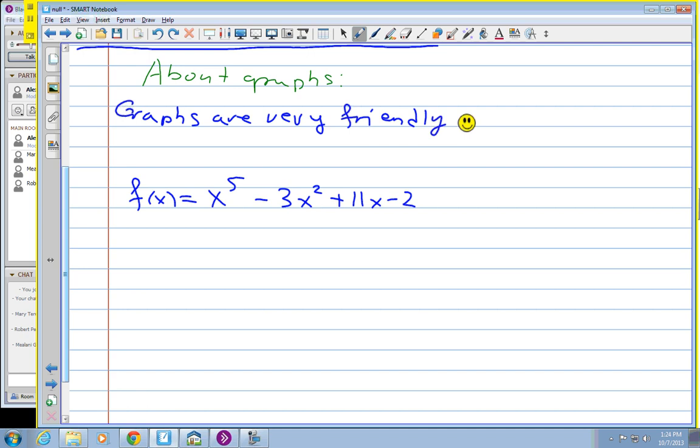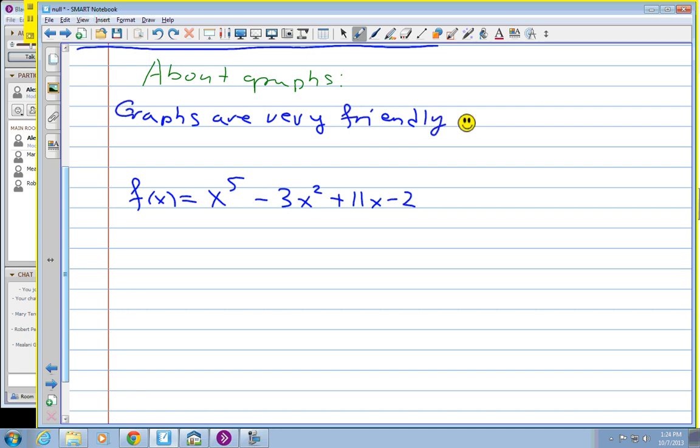But let me ask you this question. What happens to the values of this function as x gets bigger and bigger? If I start plugging in big numbers for x, what will happen to the total value of this function? What do you think? Well, not exponential, but it will increase. You're right.